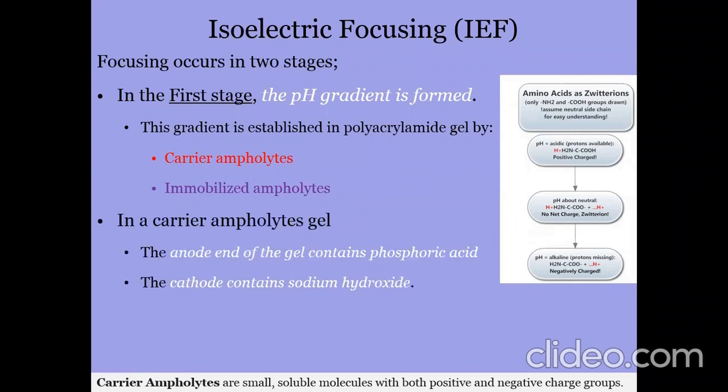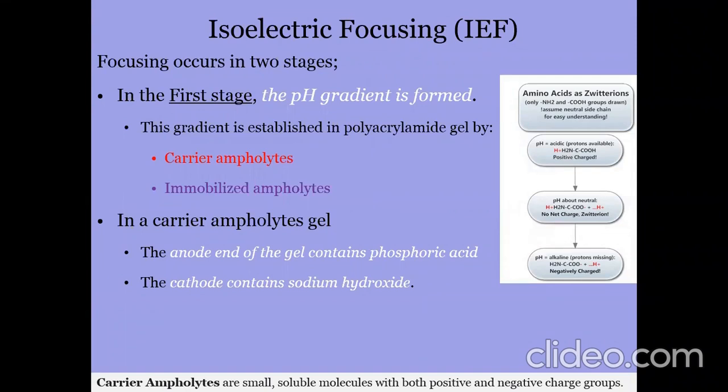In a carrier ampholyte gel, the anode end of the gel contains phosphoric acid, while the cathode contains sodium hydroxide.